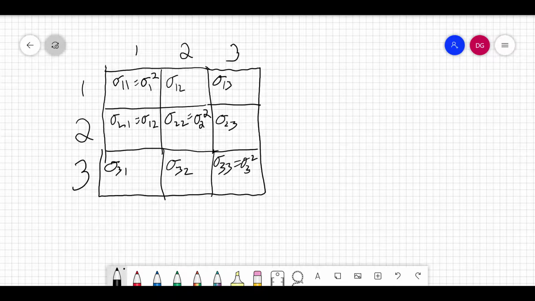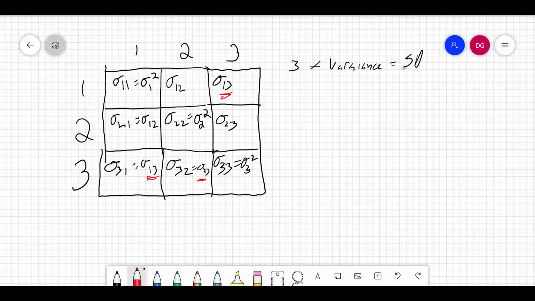And again, for 3 assets, I'm going to have 3 variance terms, or standard deviations, sigmas. But what about unique cross terms, unique covariance or correlation terms? Well, I know that 3,1 is equal to 1,3, and I know that 3,2 is equal to 2,3. So this term is going to be equal to that term, this term is going to be equal to that term, and this is going to be equal to that.